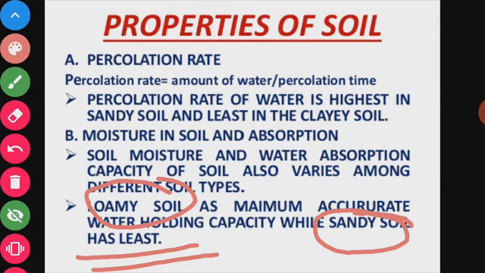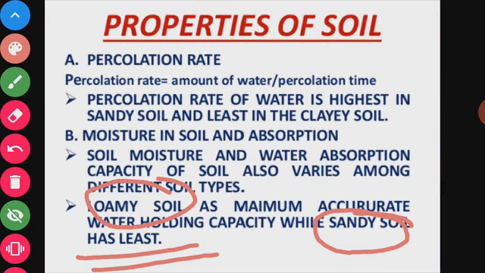As I already discussed in the previous lecture, soils have spaces in them and they have different water holding capacities. Moisture in soil can be guessed by the texture of the soil. By knowing the texture of the soil, we can guess how much moisture is present in it. This helps us determine the amount of irrigation needed by the soil.